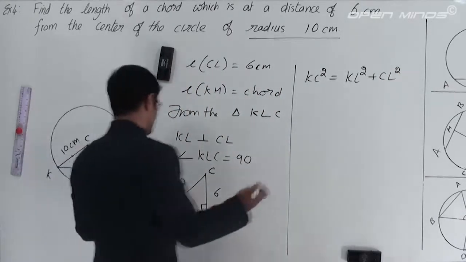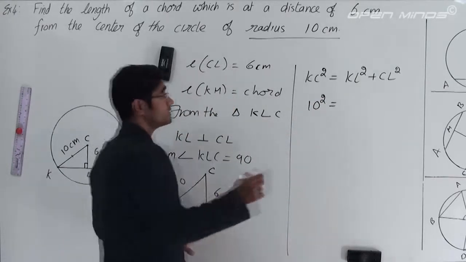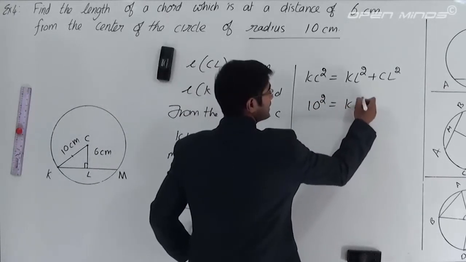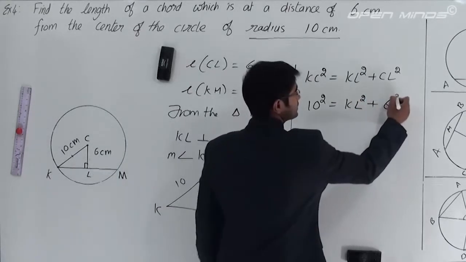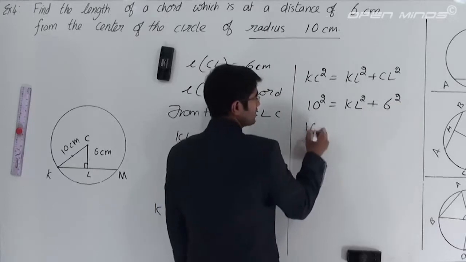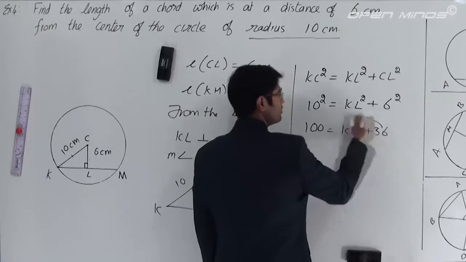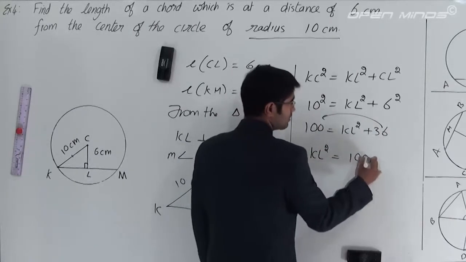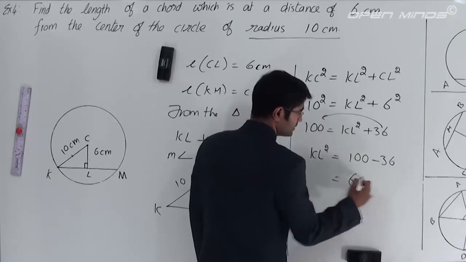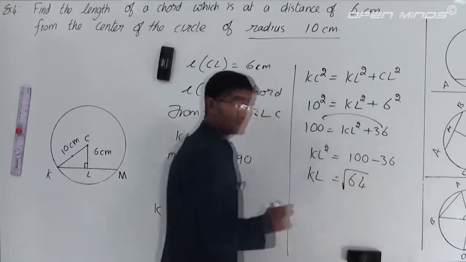I know what KC is, that is 10 squared, and KL I'm looking for, so let KL be there. And CL squared is 6 squared. So can I solve this? That's 100 equals KL squared plus 36. Put this on the side, you get KL squared is 100 minus 36. That goes to 64.